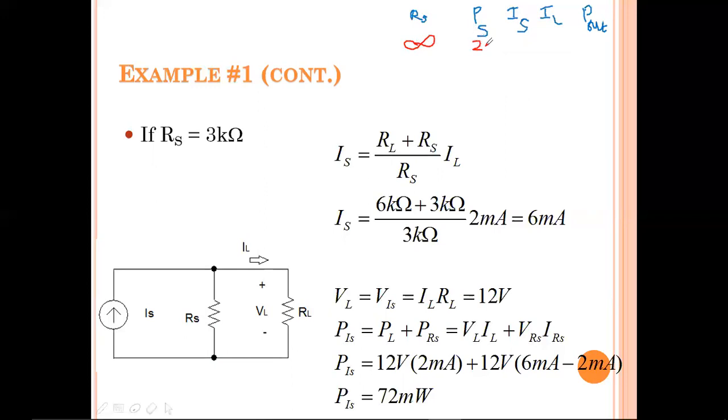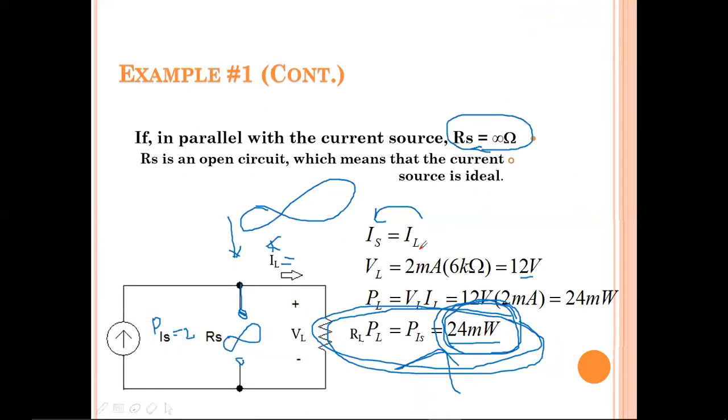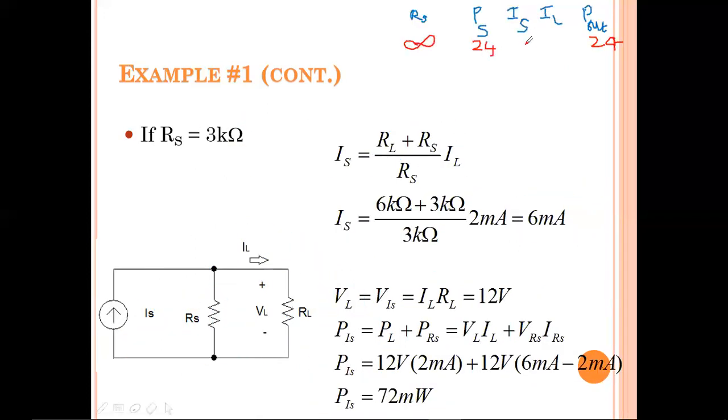My output power is also the same, 24. Whatever the input current, IS and IL are both the same. How much is the current? 2 milliamps, right? 2 and 2.